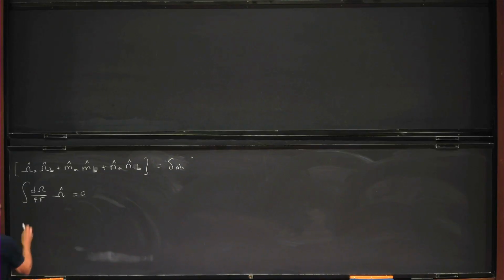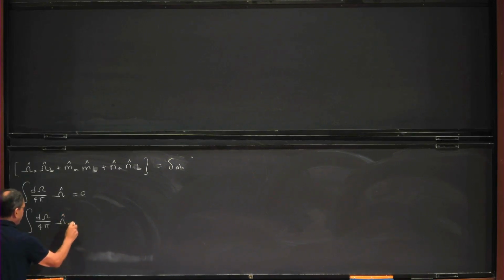Okay, what about this? Suppose I do the integral d omega over 4 pi, but this time omega hat A, omega hat B. Now the symmetry argument doesn't work, right? Because the vector pointing that way doesn't cancel the one pointing that way. Any thoughts?